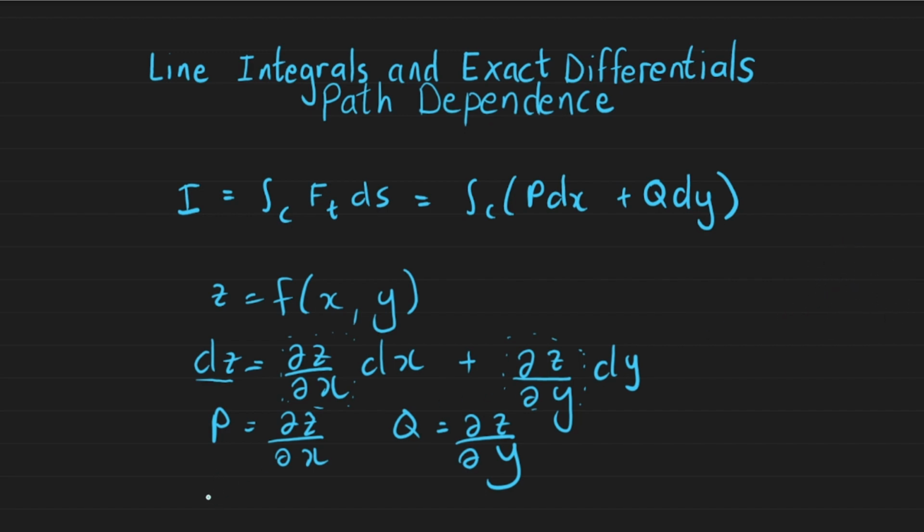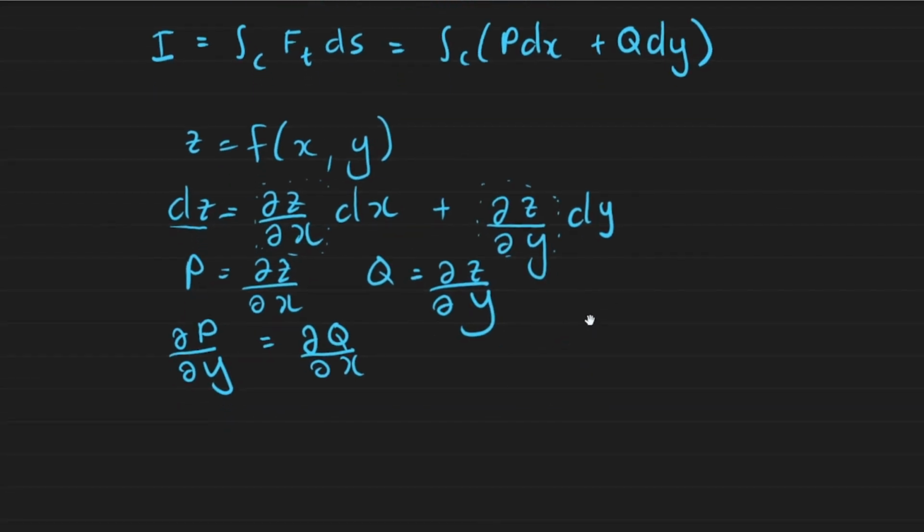So what this means is that the derivative of p with respect to y should equal the derivative of q with respect to x, mixed partials. So what does this have to do with line integrals?